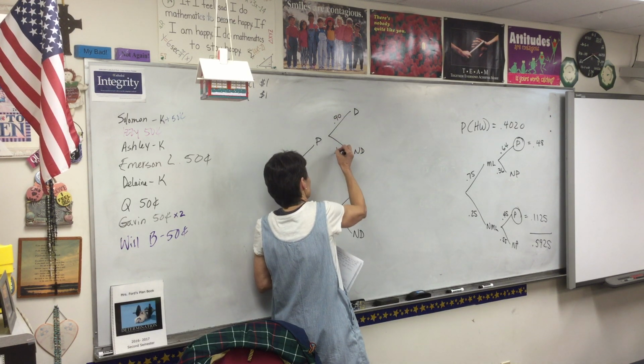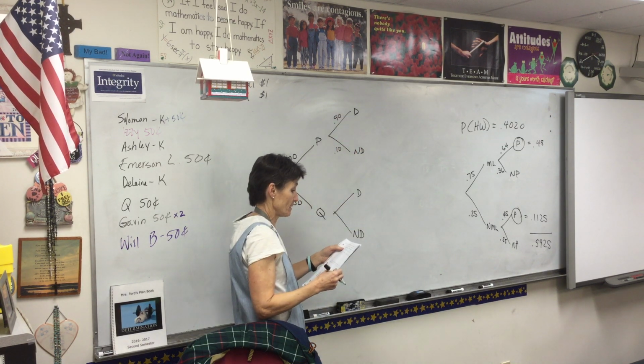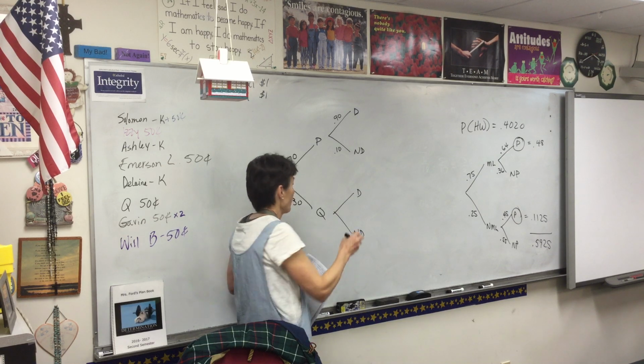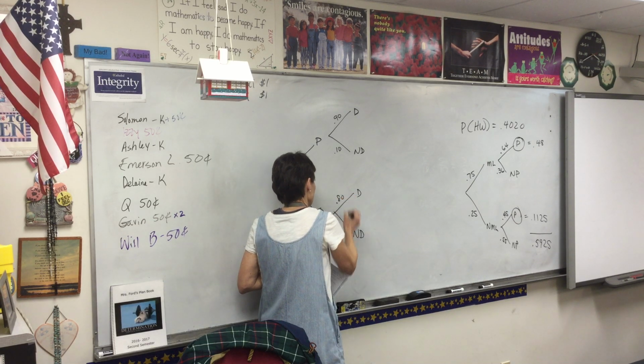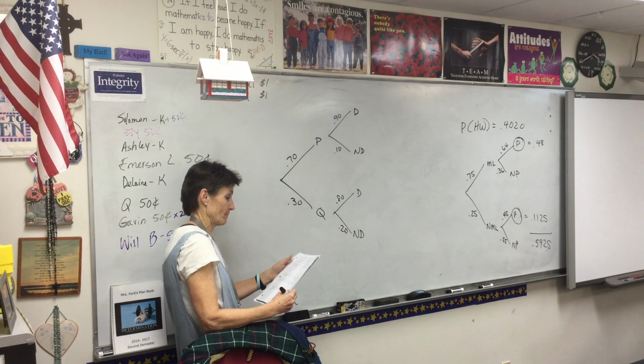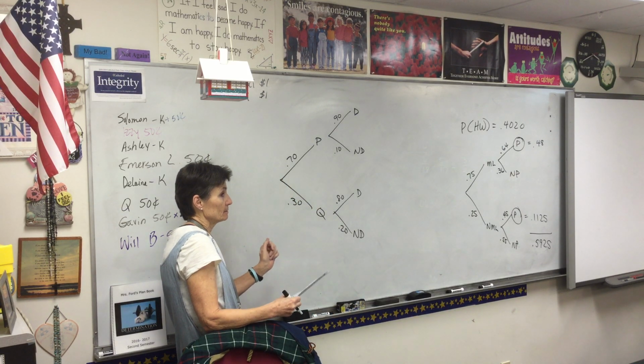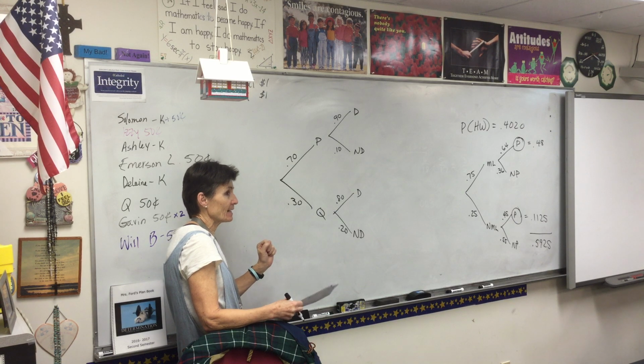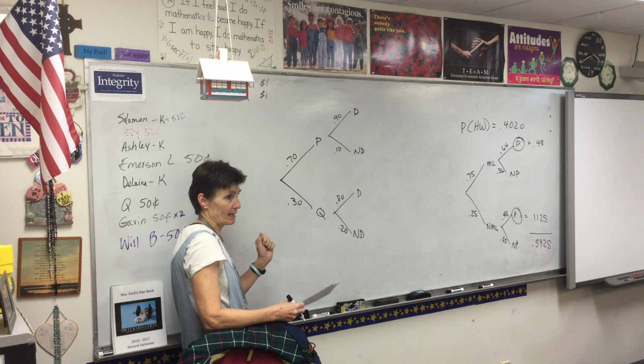So 10% are not delicious from store P. What about Q? 80% and 20%. What's the probability I'll get a delicious banana?